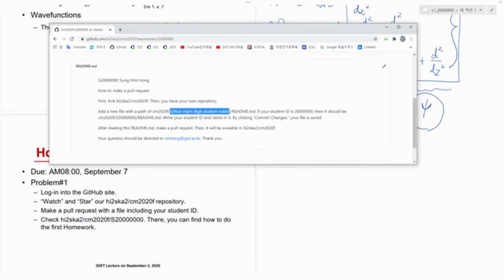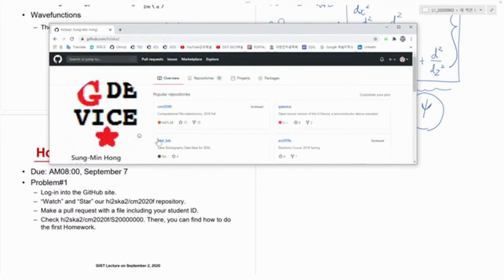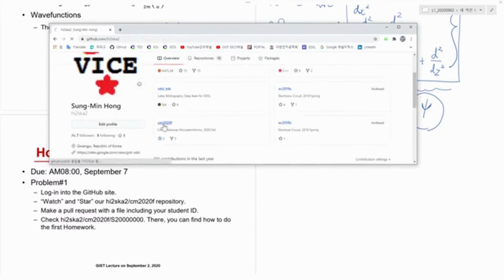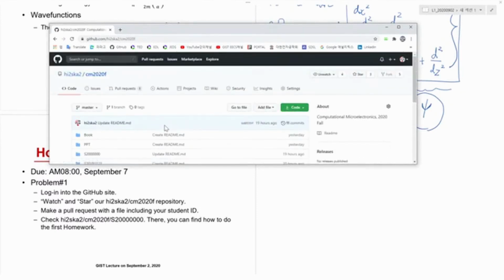So I recommend you make a readme.md file in your subfolder. The file should contain your student ID and your name. Once you do it, you have made a local change in your local repository. That is inside your local repository, so therefore I cannot see it.